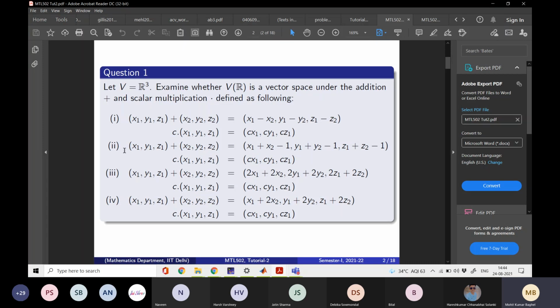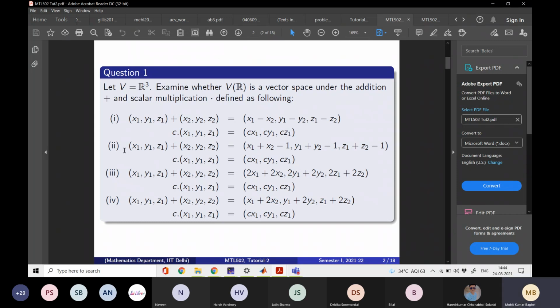What is the additive identity? The additive identity is an element e of the vector space such that x plus e equals x for every x in V. So the identity is a special element. If you add it with any element of the vector space, it will give you that same element. You have to find such an element. 0 0 0 is obviously not that element.